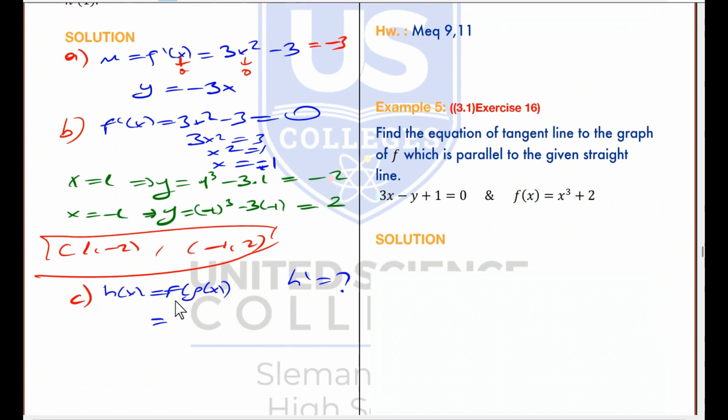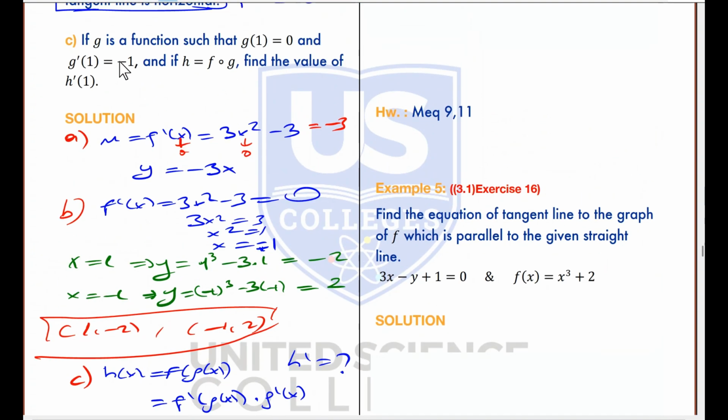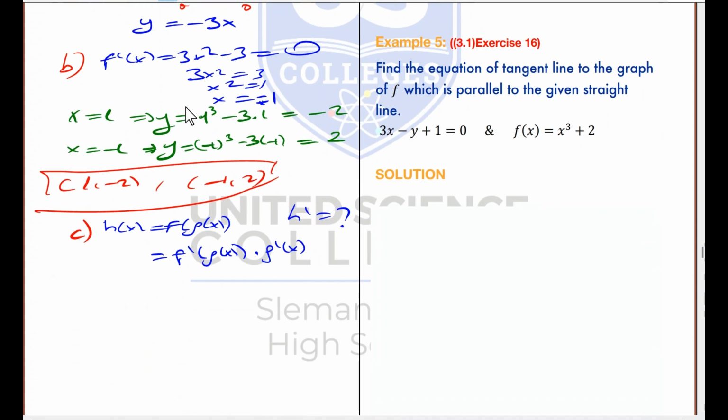You take the derivative of the outside function first, multiplied by the derivative of the inside function. At which value? It's asking about the derivative of h at 1. So replace every x in the function by 1. So every x becomes 1.